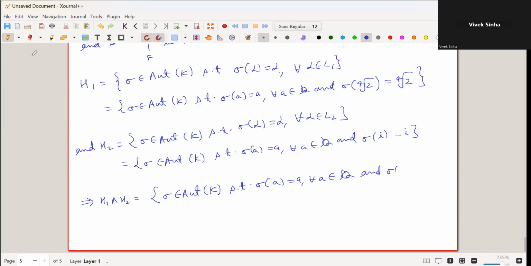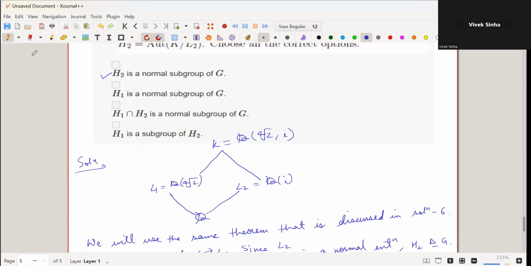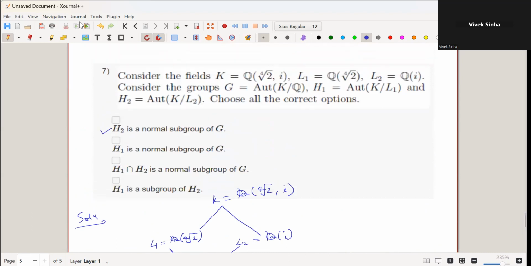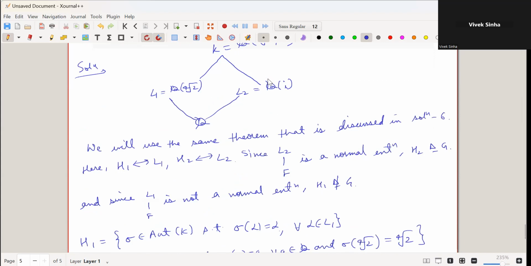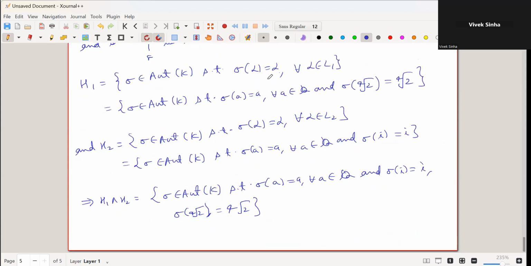And sigma of i equal to i, sigma of fourth root of 2 is fourth root of 2. But your K is generated by these elements only, right? Q and fourth root of 2 and iota. So it fixes everything. That means it contains just the identity over K.